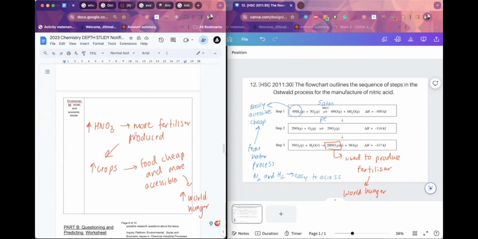Let's say if you wanted to talk about a positive impact that this can have, a positive social implication. Economic, I guess that also helps the economies produce more since you're using this as a way to produce a lot more crops. Environmental, you might want to talk about how the very high temperatures used require a lot of energy, and that's often from fossil fuels.